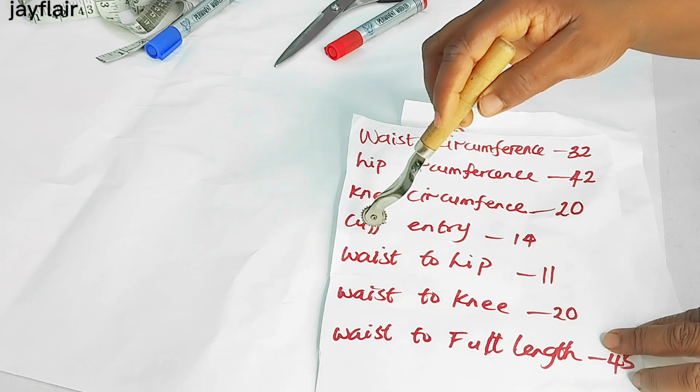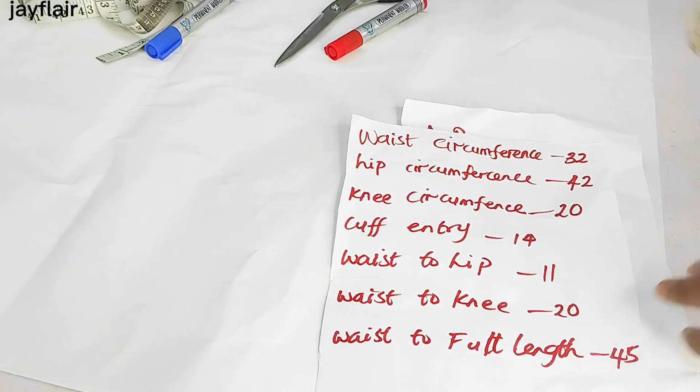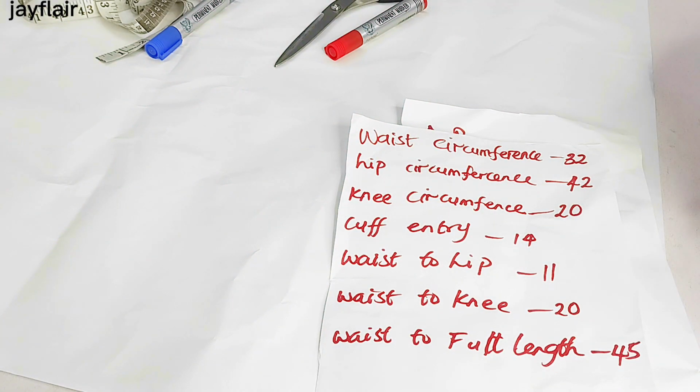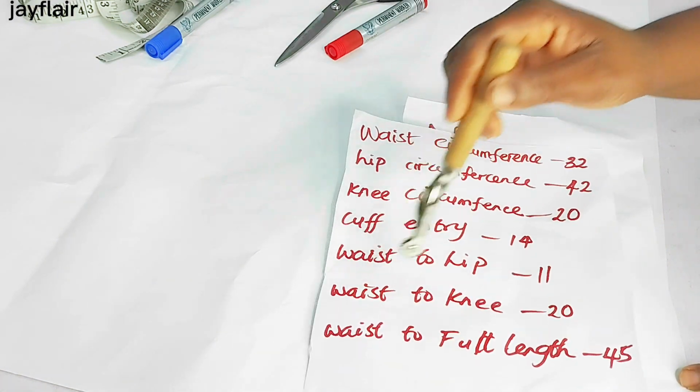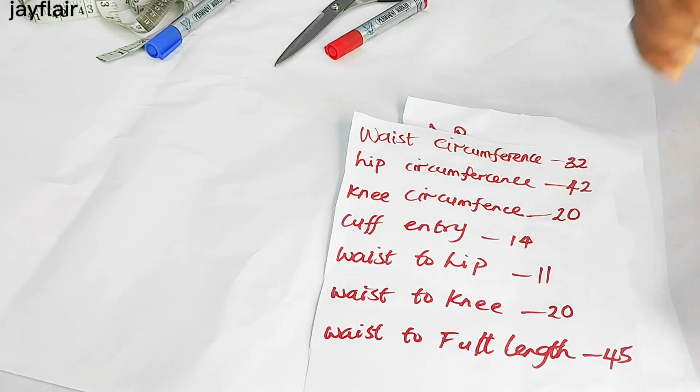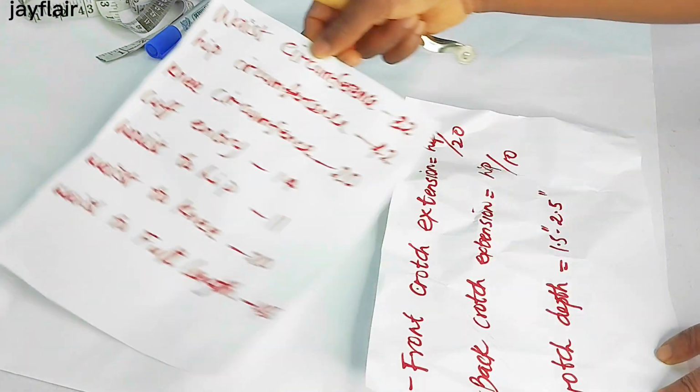Then the waist to hip. Please take note that I'm drafting from my high waist, not the low waist. I'm making a high waist pant foundation. So waist to hip, waist to knee, and waist to full length, wherever your full length is.